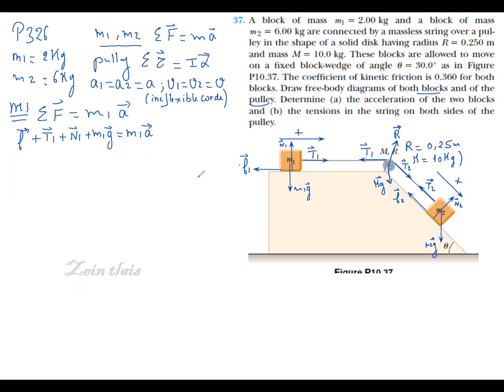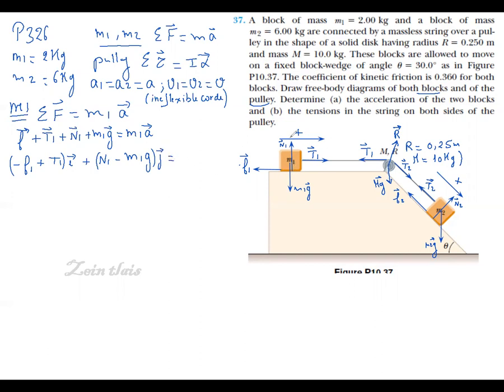We do the projection. You can write the i and j on the same equation, or you can have two equations. For example, about the x-axis, we have minus F1 i plus T1 i. About the y-axis, we have plus N1 j minus M1G j.